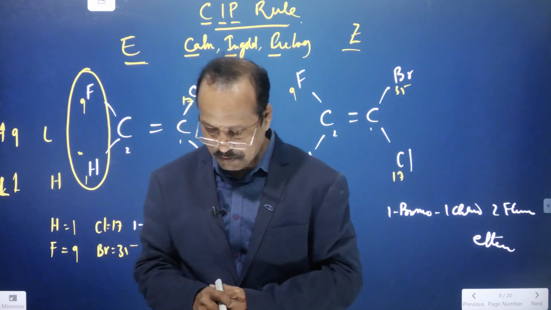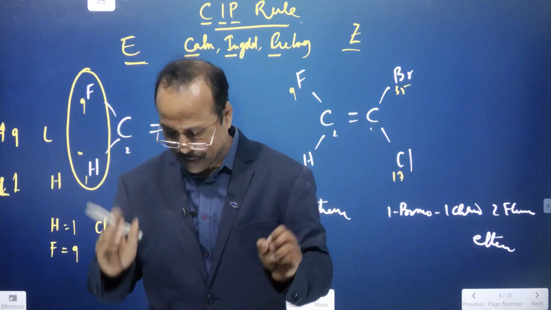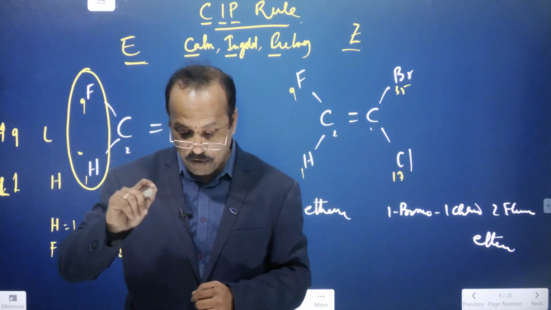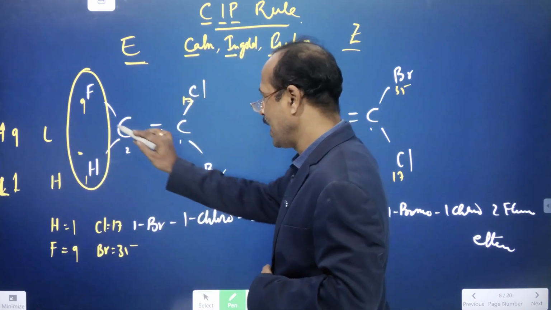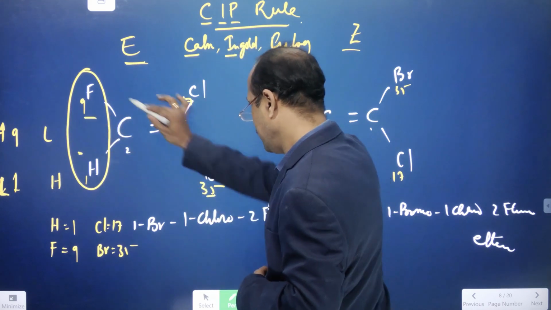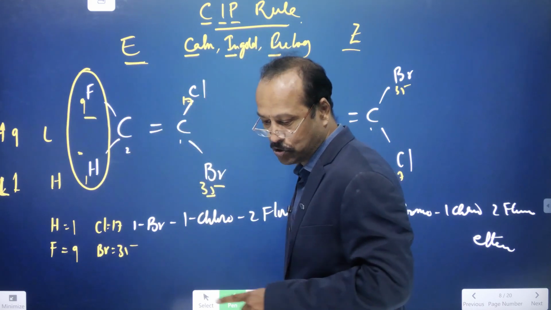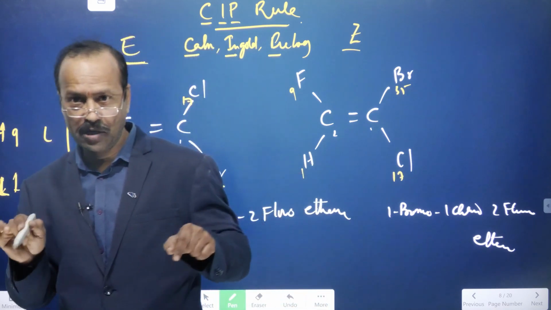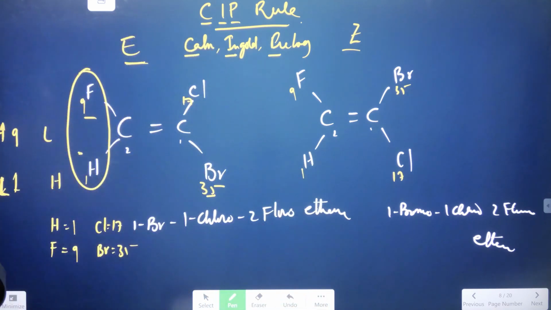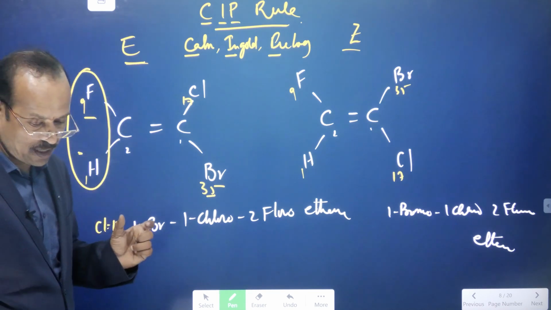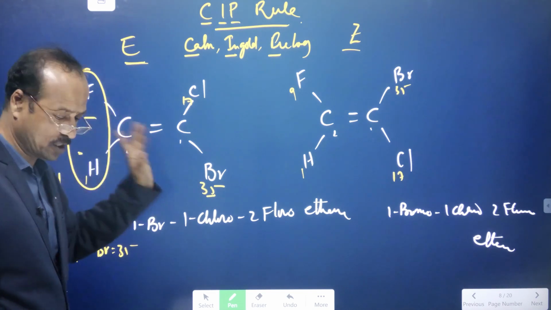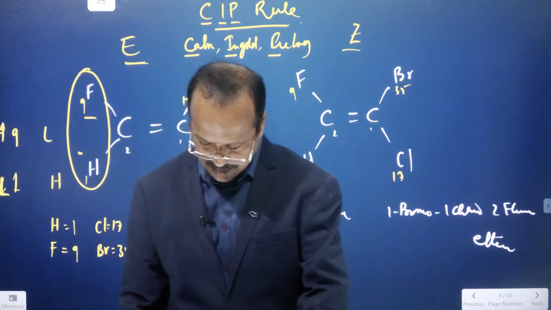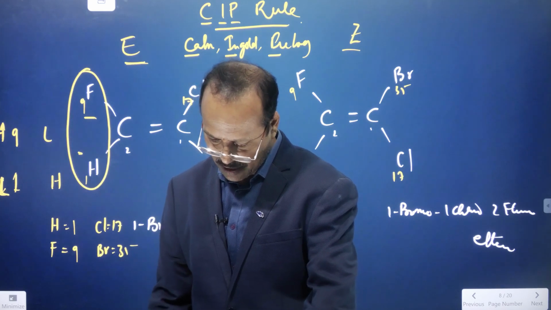The symbol E is assigned to an isomer in which the atoms or groups of higher precedence are on opposite sides. On page number 97, there is a small box at the bottom: the symbol E is assigned to an isomer in which the atoms or groups of higher precedence are in opposite directions, opposite sides. That is called E notation.